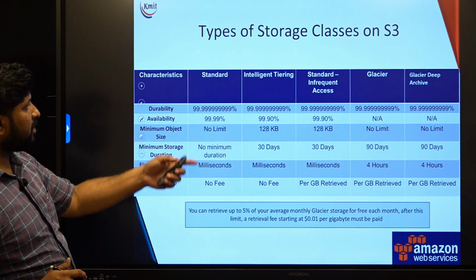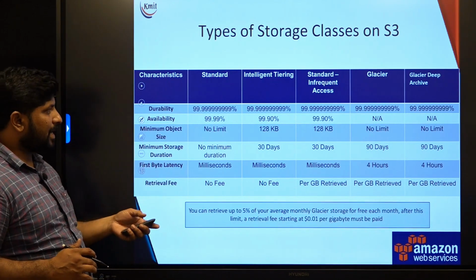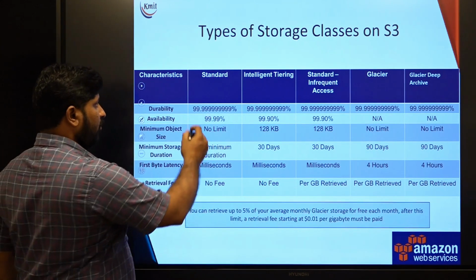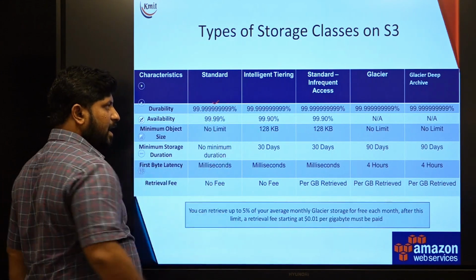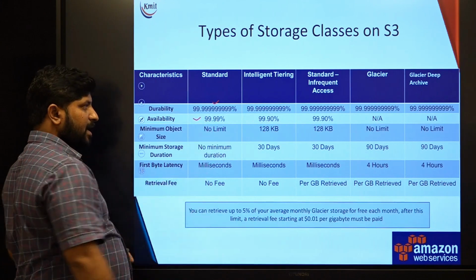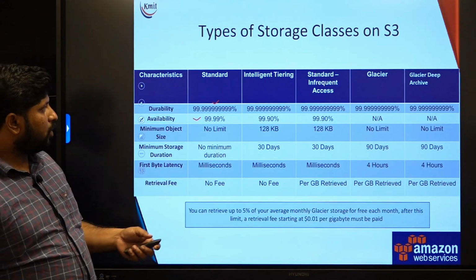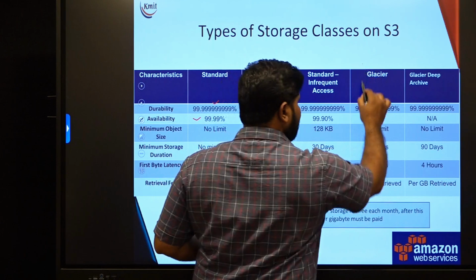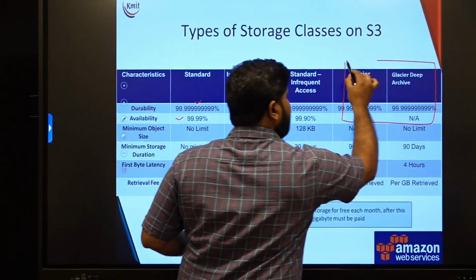And this is a comparison chart between all these storage classes, where the durability of all of them is going to be 99.999999999, that is 11 nines, whereas availability is 99.9 at minimum. But coming to Glacier, as I said, it will be in an archive structure.